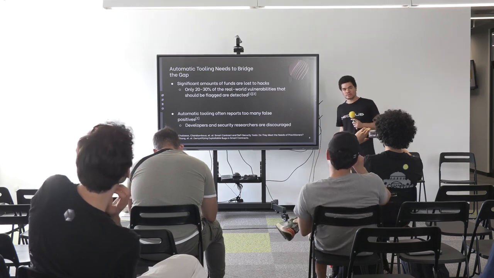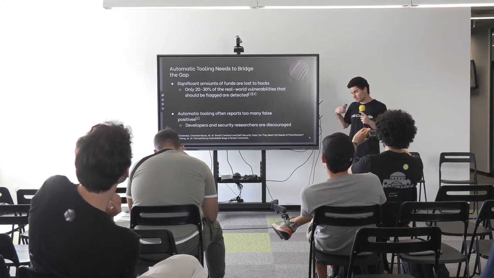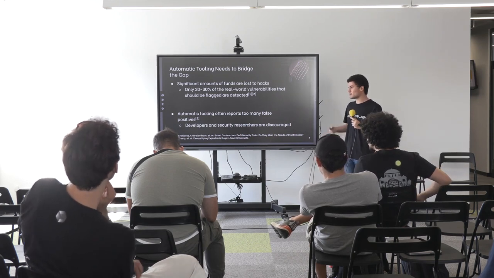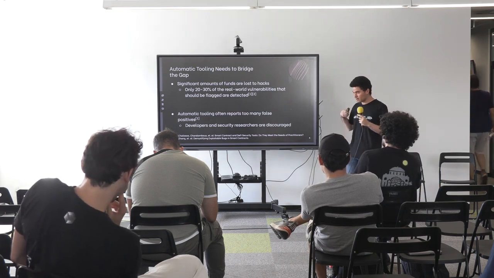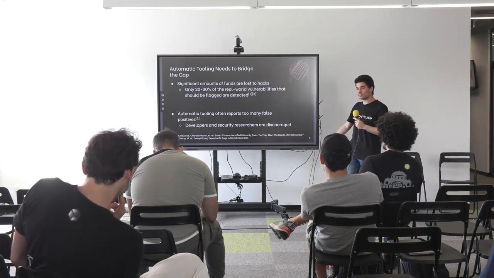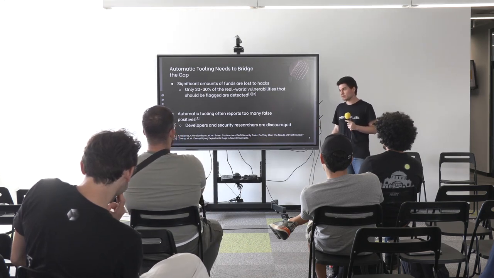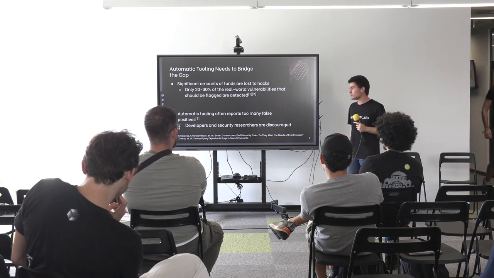So the point of today's talk is to give you a high-level overview of how a static analysis, in particular our static analysis, can be improved to be detecting real-world vulnerabilities. But why is that important?